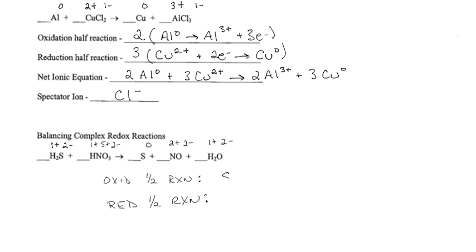Sulfur goes from -2 to 0. Oxidized, loses 2 electrons. Nitrogen is reduced, N+5, gains 3 electrons to turn into N+2.